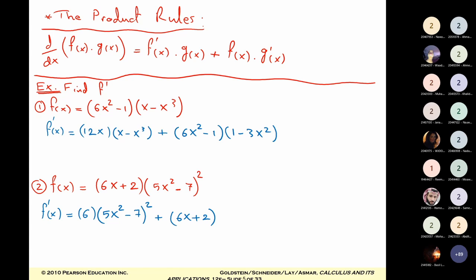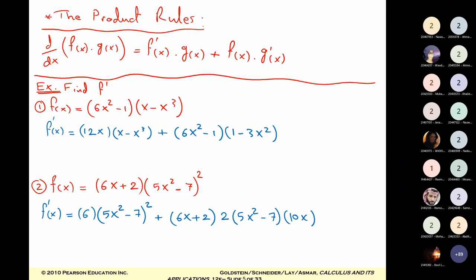For the derivative of the second, put the 2 in front of the brackets, 5x squared minus 7 with the new power equal 1, and find the derivative inside the brackets, 10x. Okay, also we can simplify this one by multiplying 6 with the brackets, 2 with the brackets, 10x, and so on. Okay, any question?